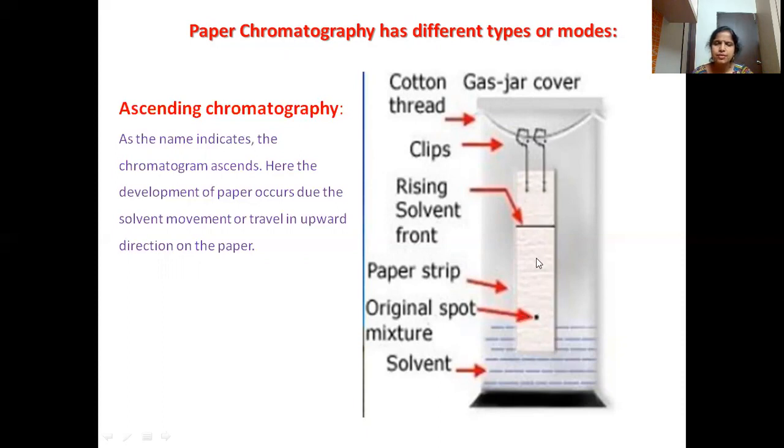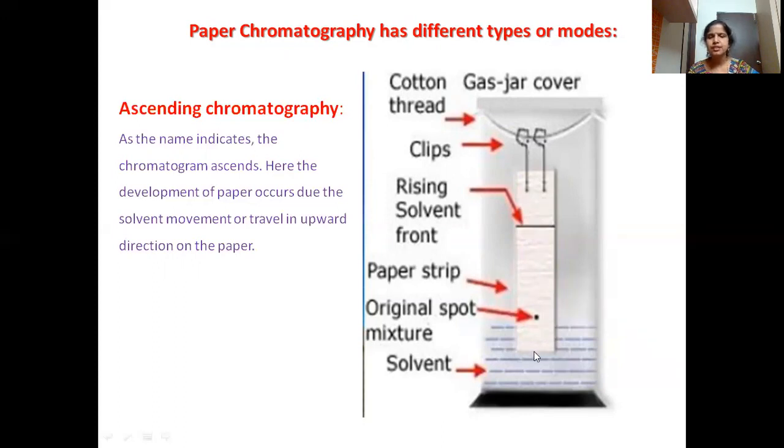After that, the filter paper is suspended through the clips here, where the solvent is taken in the chamber. The level of the spot should be above the layer of the solvent. Okay, now what happens? When we hang the paper, because of the capillary forces which are acting, the solvent which is present will rise up the paper.